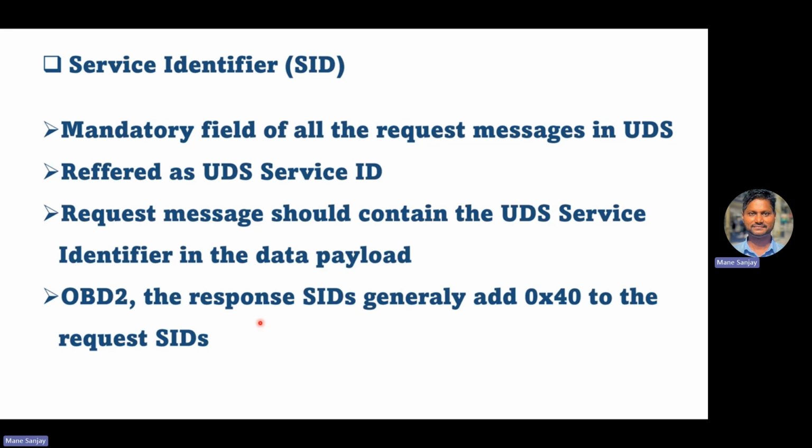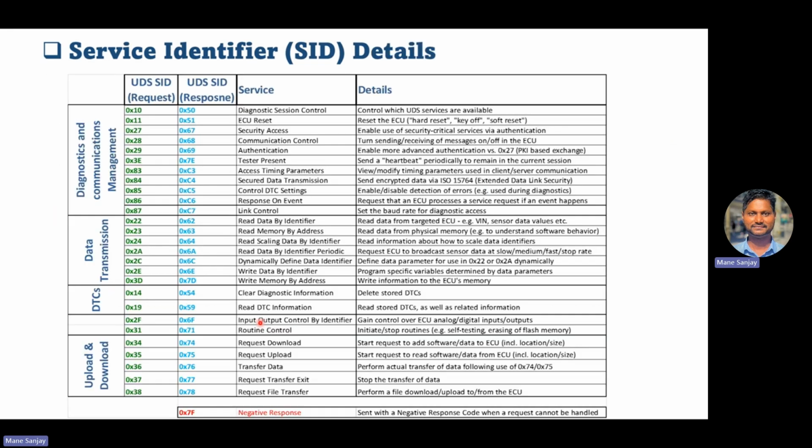So let's see more about this service identifier. These are a few services. If you see here, 10 is diagnostic session control. If you have the positive response, in the response SID field you get 50. Taking another, the ECU reset. If you want to reset the ECU with a request sent from the tester to the ECU, and that service is implemented in the ECU, the ECU will respond saying yes, this service is implemented, and accordingly the ECU will get reset and you get the positive response.